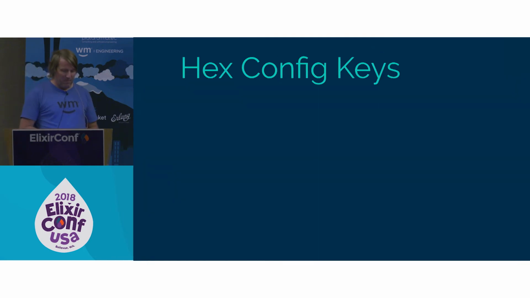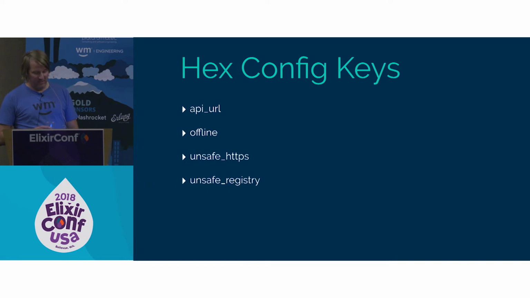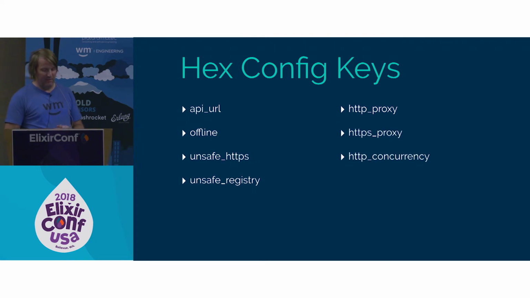And there are actually 8 keys that you can set up that Hex will look at. So API URL, offline, unsafe HTTPS, unsafe registry, HTTP proxy, HTTPS proxy, HTTP concurrency, and HTTP timeout. So when you are adding a configuration to that file, like username was one of those, these are the other 8 config keys that Hex will actually look at.